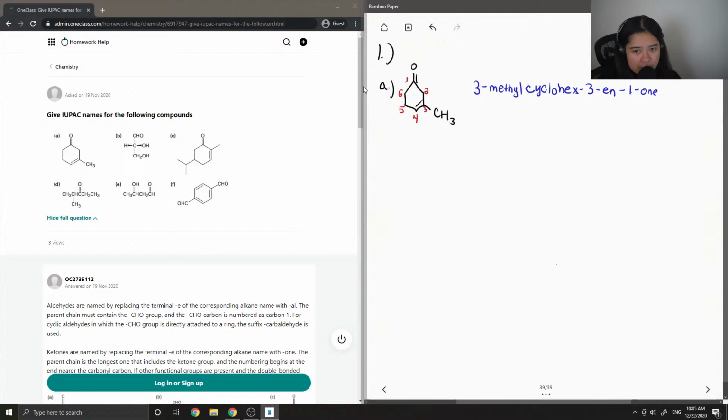Okay, so let's look at the second compound. The second compound has a carbon that has CH, so it has 1 hydrogen and 1 oxygen on one of its carbons. So that means this is an aldehyde.